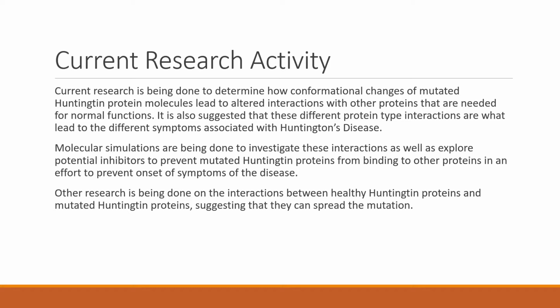More simulations are being done to investigate these interactions, as well as to explore the potential for inhibitors to prevent the mutated Huntingtin protein from even binding to these other proteins in an effort to lessen the severity of symptoms or even prevent the onset of symptoms of the disease altogether. Other computational research is being done on the interactions between healthy Huntingtin proteins and mutated Huntingtin proteins, suggesting that this may also be leading to the severity of the disease.